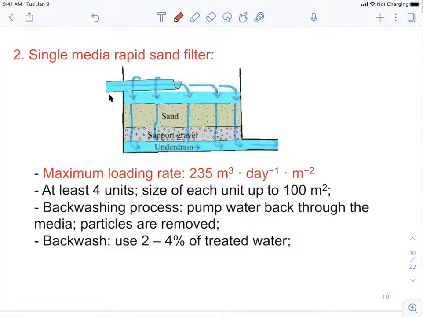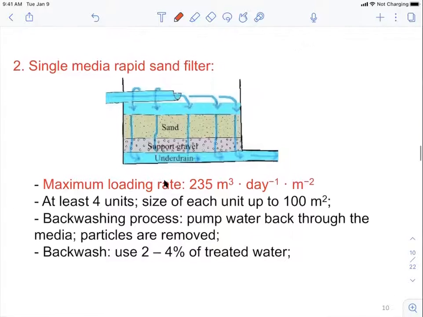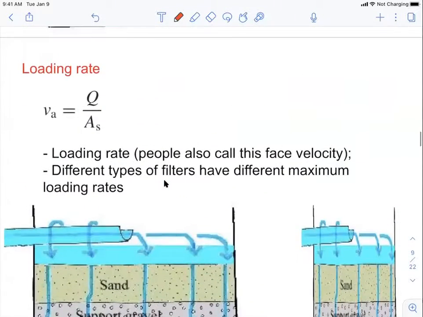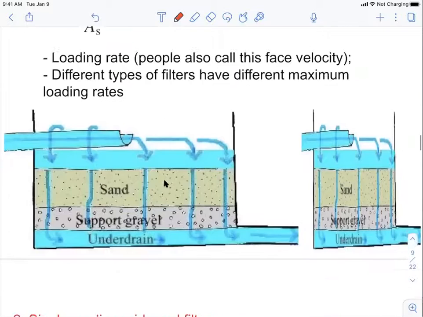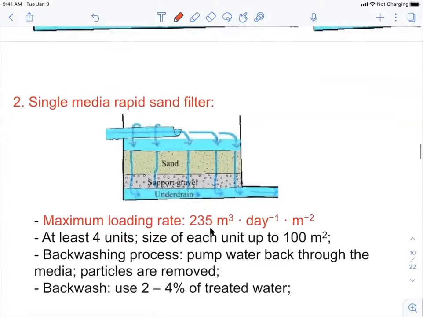So for this type of filter, people would designate a maximum loading rate, basically the maximum V0 or VA here. People say that the loading rate or the phase velocity cannot be higher than this one. If it's higher than this, then you have to build more of these sand filters.